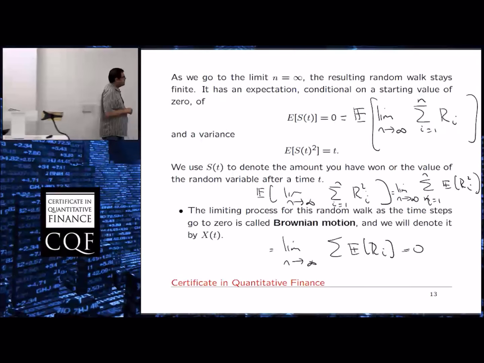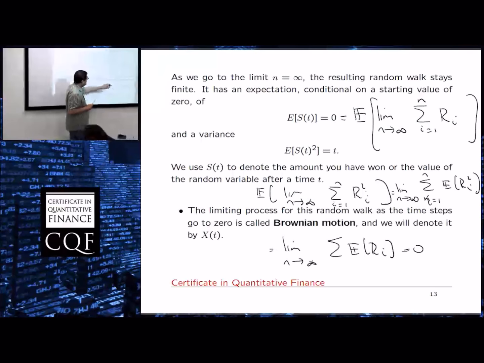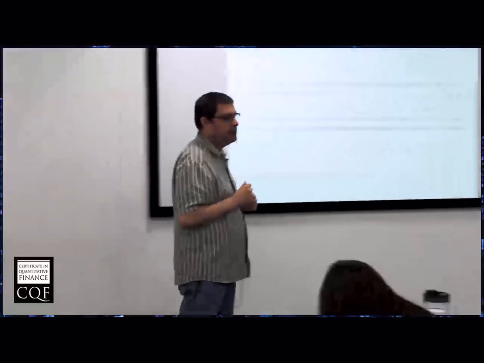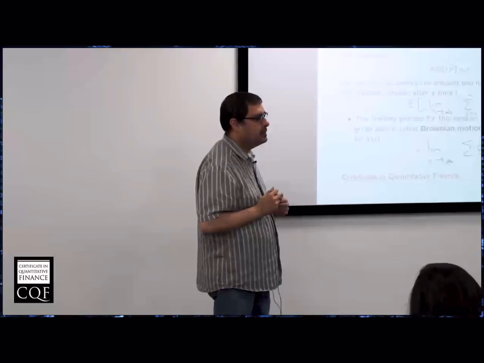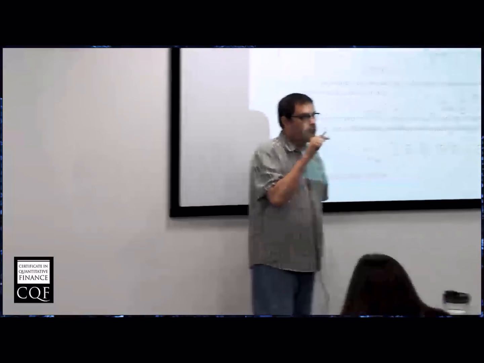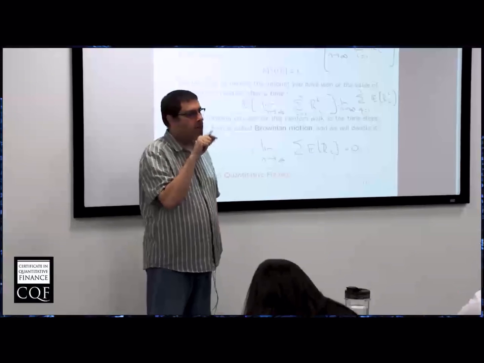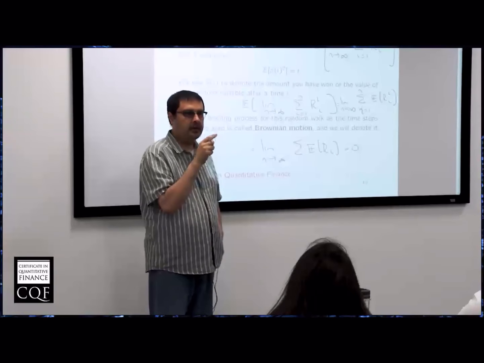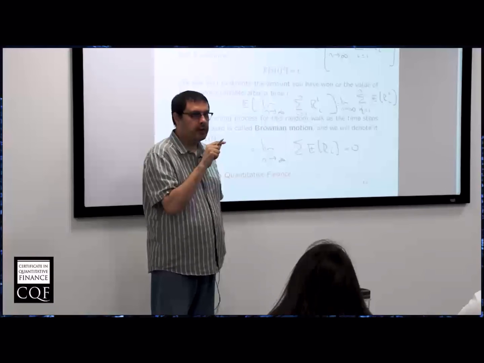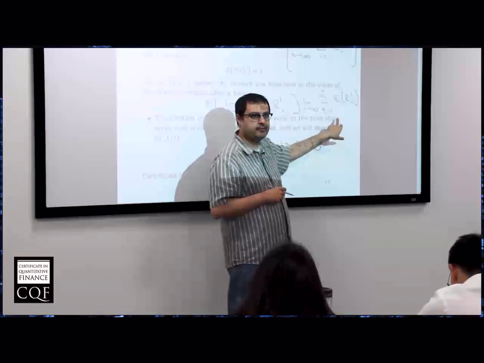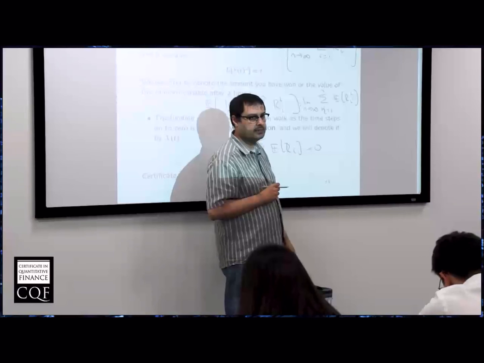Now, any ideas what that's going to simplify down to? T by n. Yes, because it's a half times root t over n, squared, plus a half times minus root t over n, squared. So we'll end up with 2 lots of that, so you get t over n, but you've got n lots of t over n, so this will equal t. Happy with that?